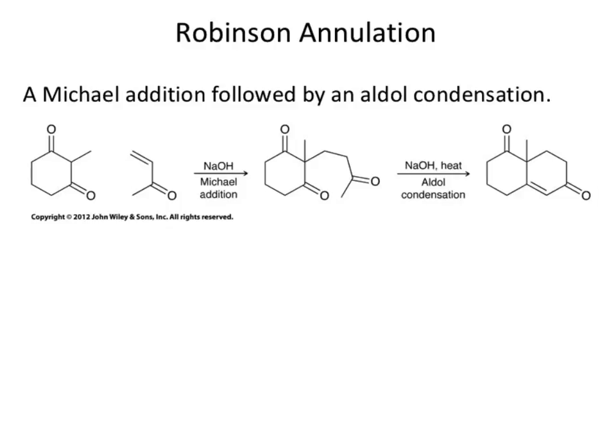Here's the other one I wanted to get. We got another stupid name attached to this. What's happening in that first reaction? And don't tell me Michael addition. We have a 1,4 addition reaction, nucleophilic addition. The base makes our enolate. The enolate attacks the 4 position.